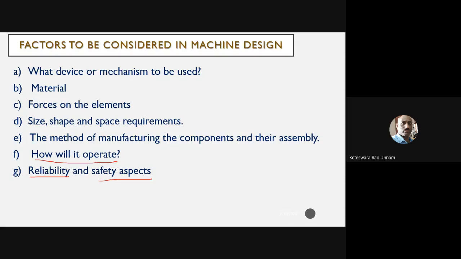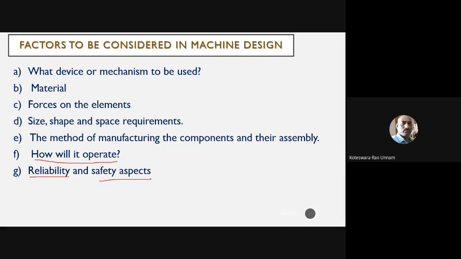If out of 10 instances the component performs its function as intended 10 times, then we can say it is 100% reliable. But because of some other uncontrollable factors, no component is going to be 100% reliable. So all the components should have at least 80 to 90% reliability.